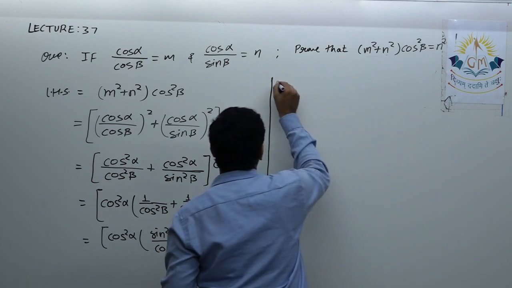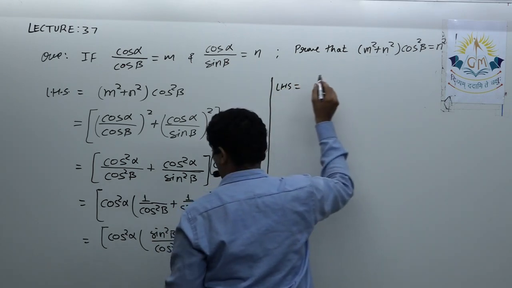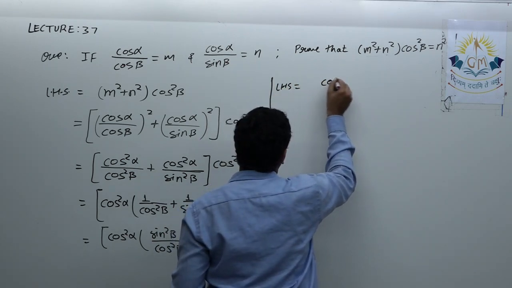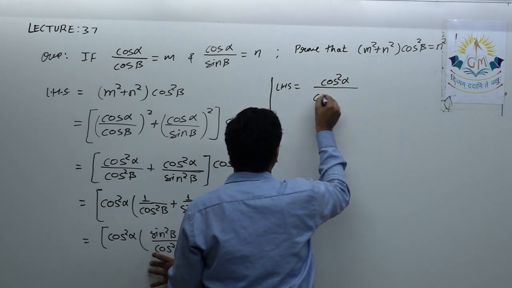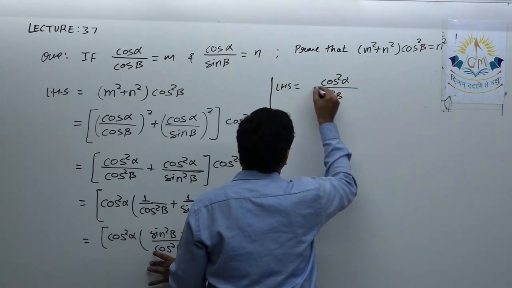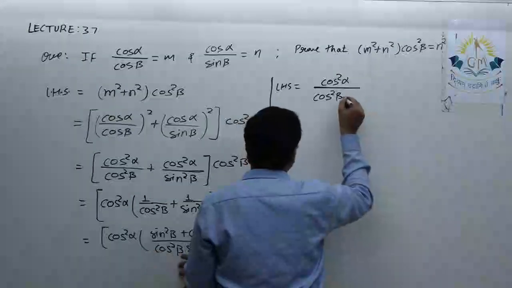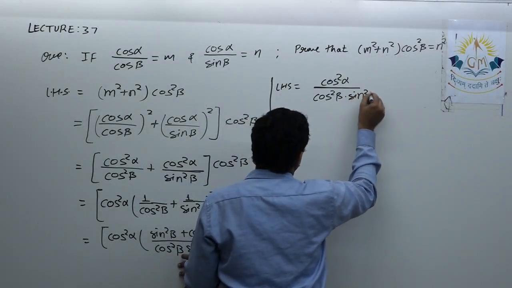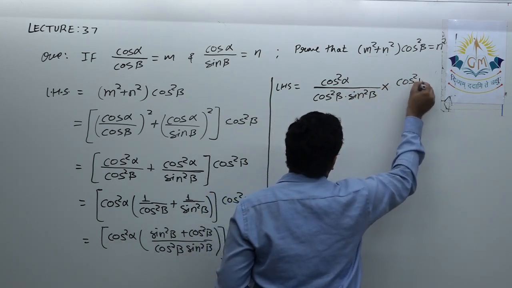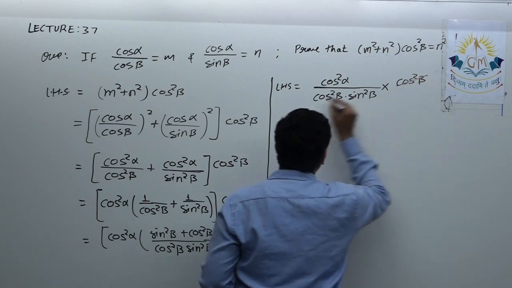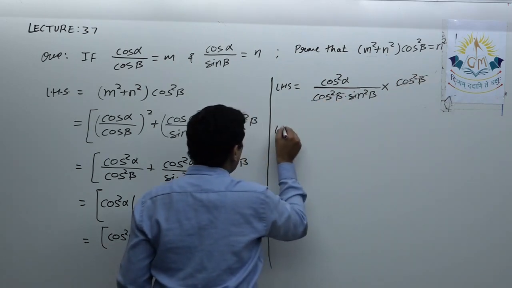So here LHS is equal to cos square alpha upon cos square beta into sin square beta multiplied by cos square beta. So this cos square beta cancels out.